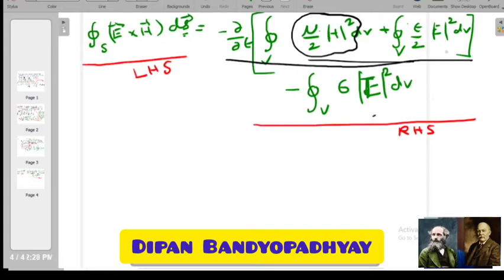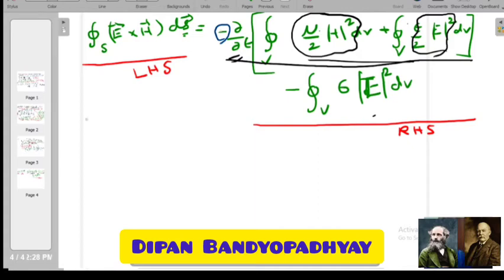Similarly, this term is simply the electric energy stored in the volume V. Since we have a del t outside, it is the time rate of change of electric energy over the volume V. And we have a negative sign here. That means the time rate of change of these two energies, the magnetic energy and the electric energy, is negative, they are decreasing.